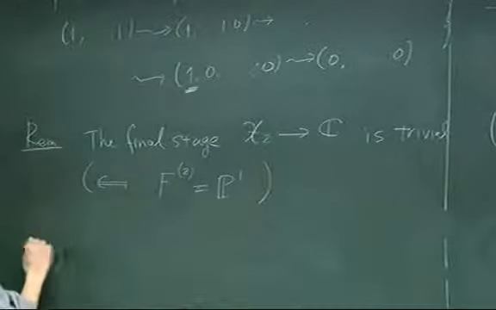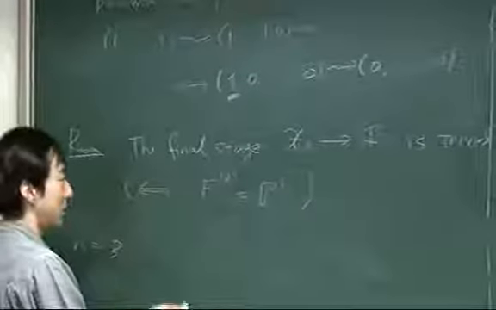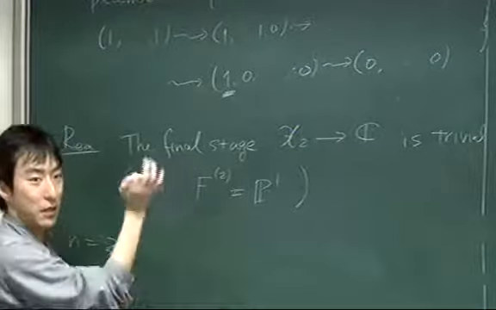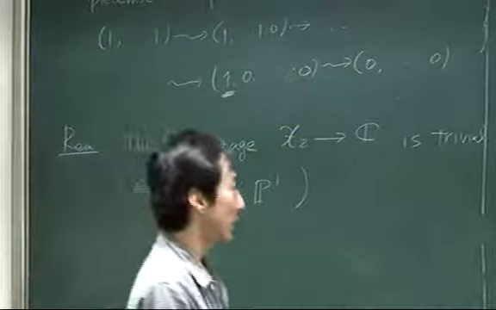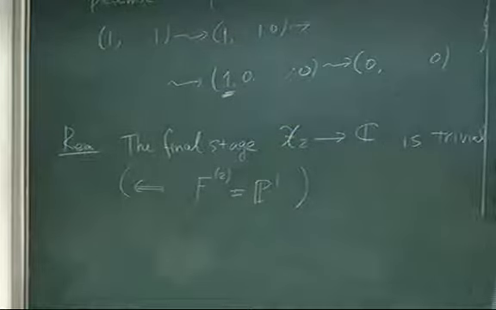So for example, in the case of n equal to 3, this consists of essentially only one stage.